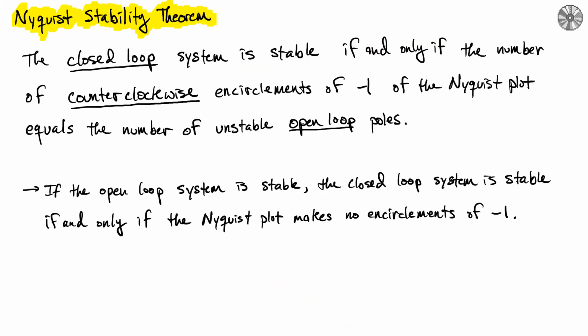And this allows us to finally state the Nyquist stability theorem, which says that the closed loop system is stable, and this is an exact condition, if and only if the number of counterclockwise encirclements of -1 on the Nyquist plot equals the number of unstable open loop poles. So unstable open loop poles, these are the right half plane poles of g of s.